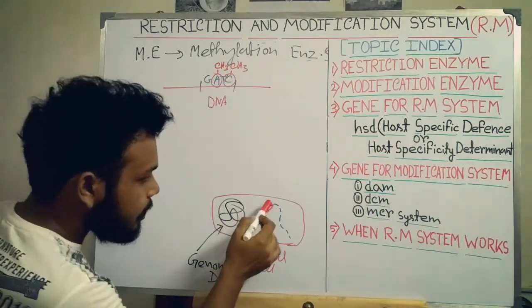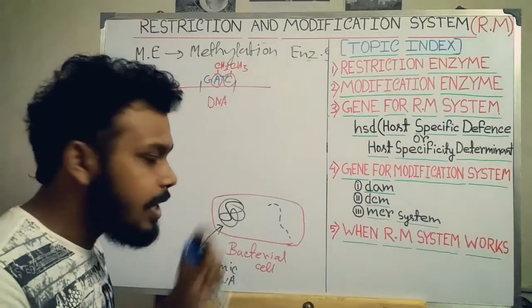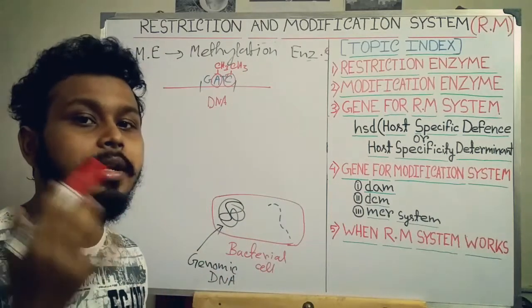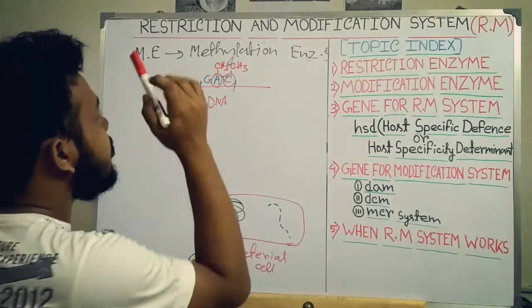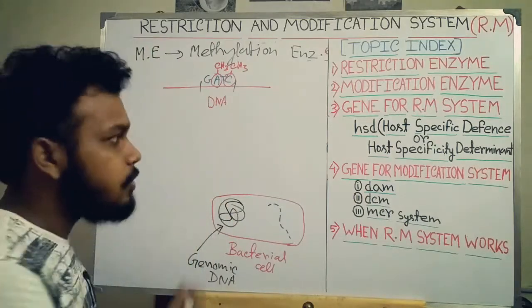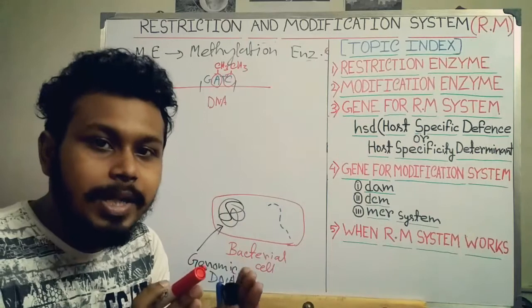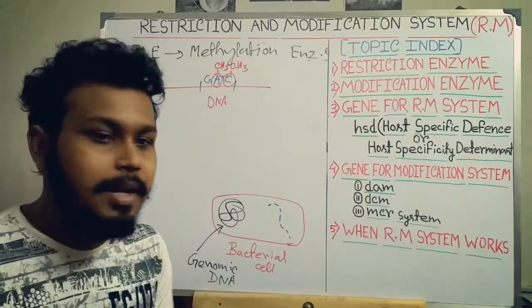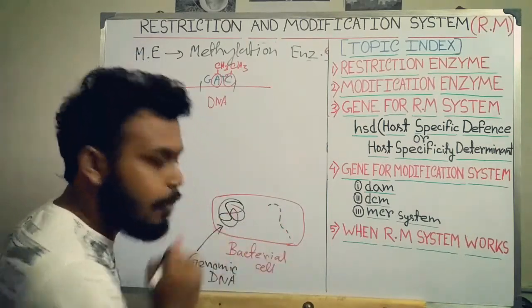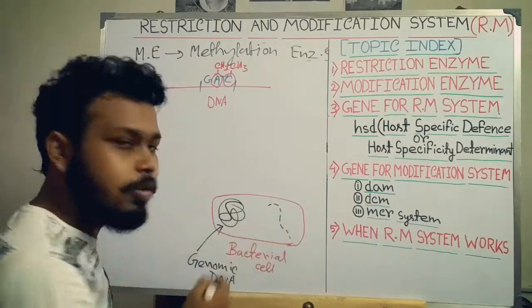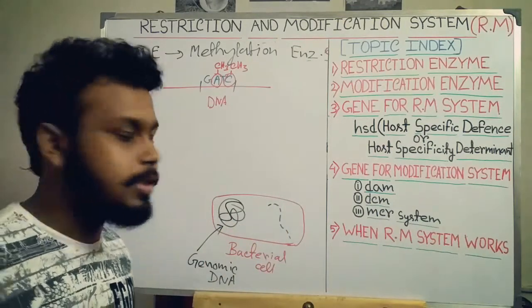But in the foreign viral DNA, there is no modification present. So this restriction enzyme comes and recognizes a particular sequence of 6 to 8 base pairs, and then cuts this foreign DNA in those particular sequences.